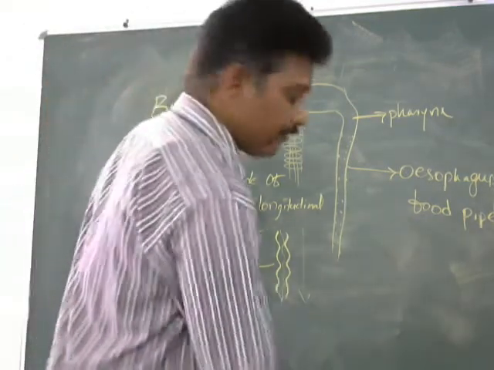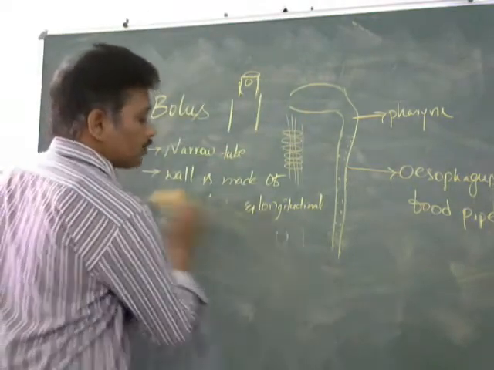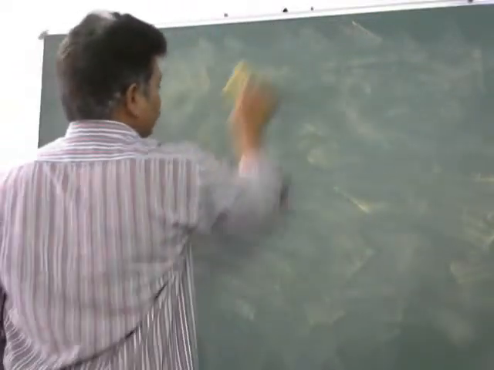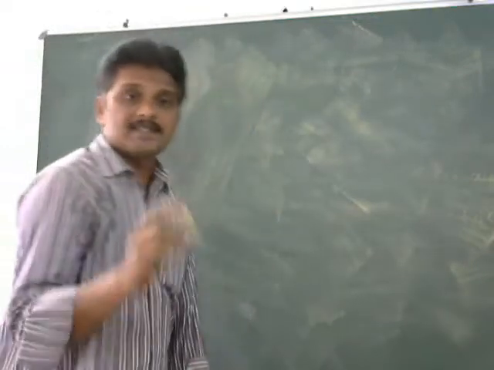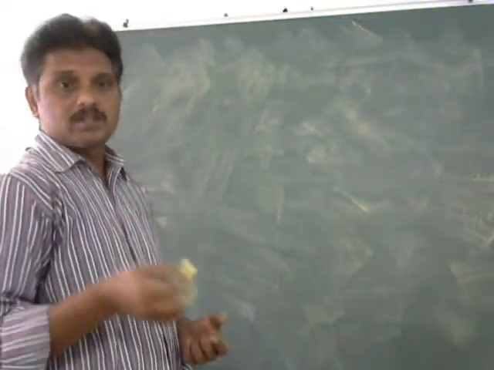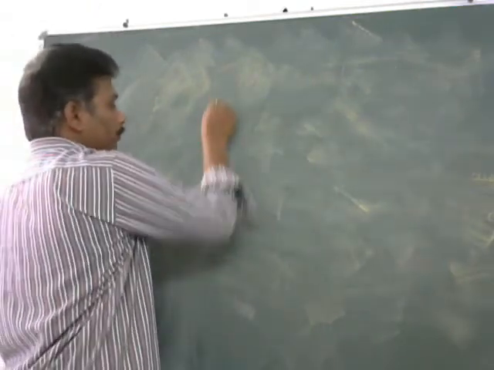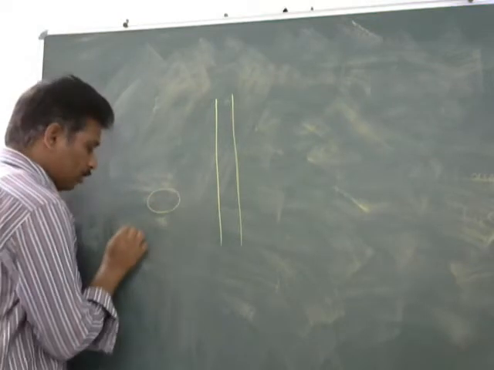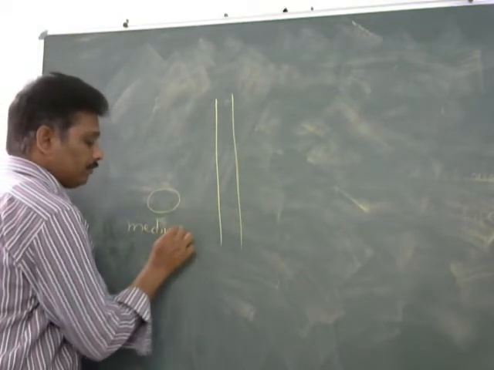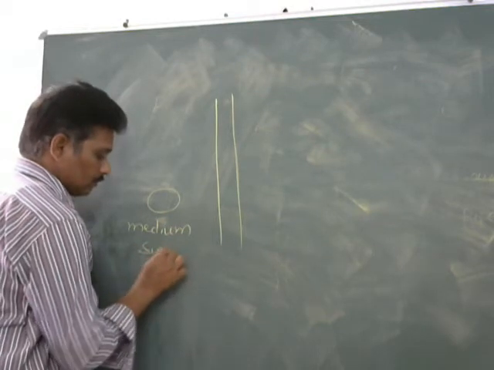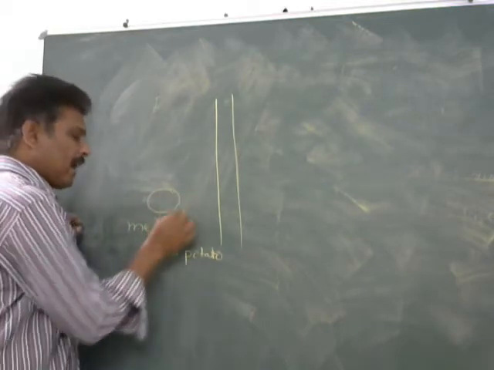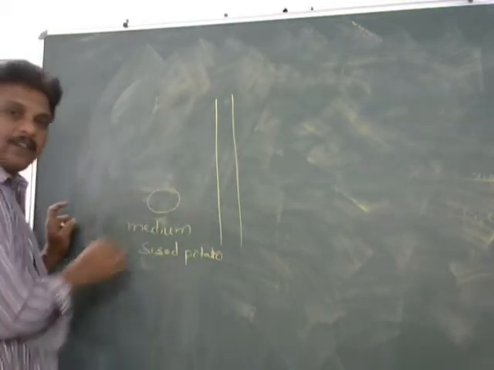Now we have an experiment to observe how the food bolus slides down along the length of the esophagus. For that you have to take a used cycle tube and select a medium-sized potato, and apply oil on the entire surface of the potato.